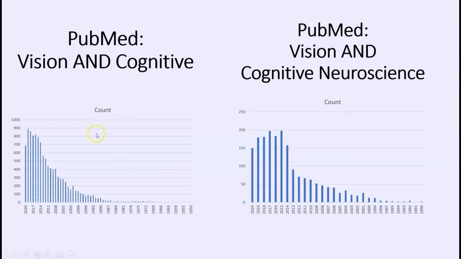The first keyword search seems very high compared to the second keyword search. It might be due to the combination of keywords being very broad, which includes neuroscience, psychology, artificial intelligence, and other related areas that explore cognition.